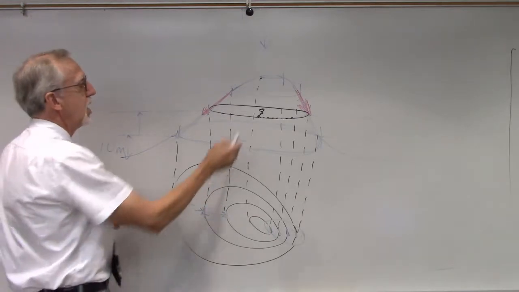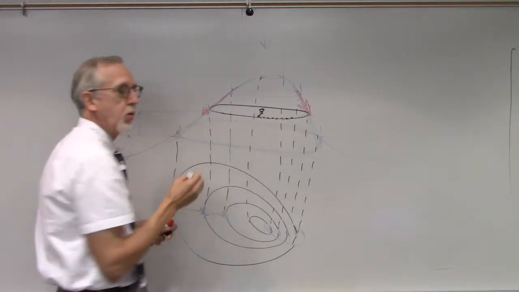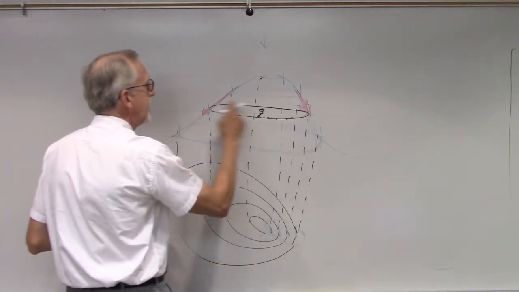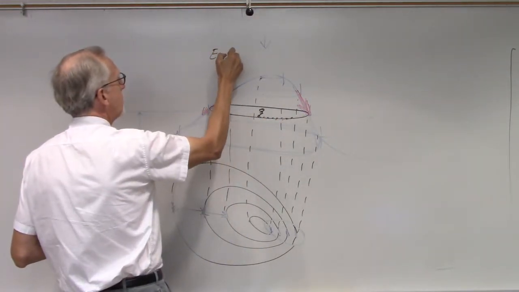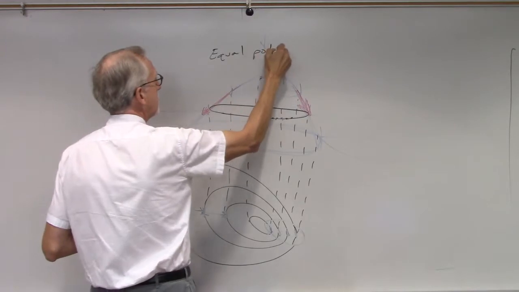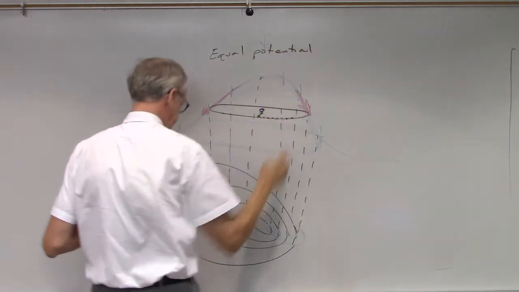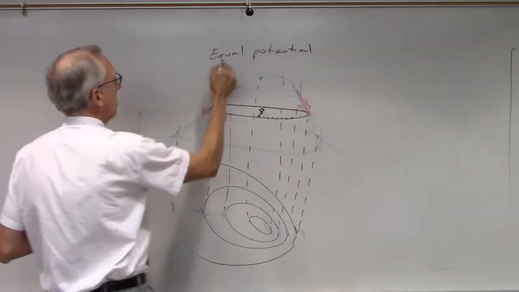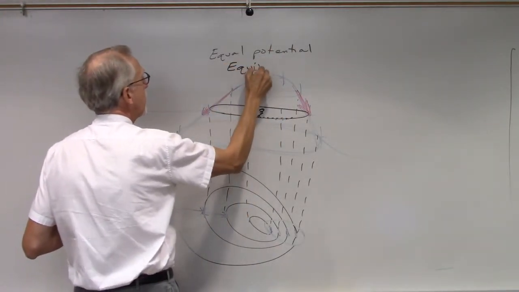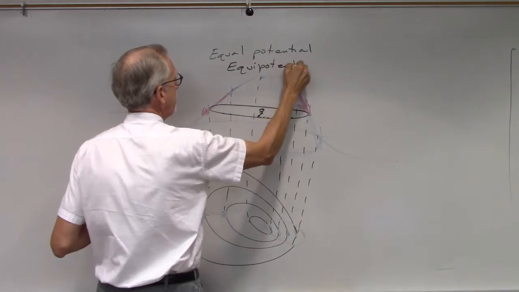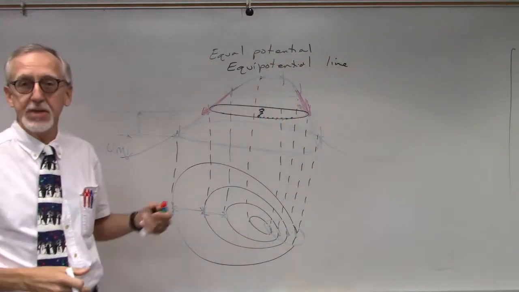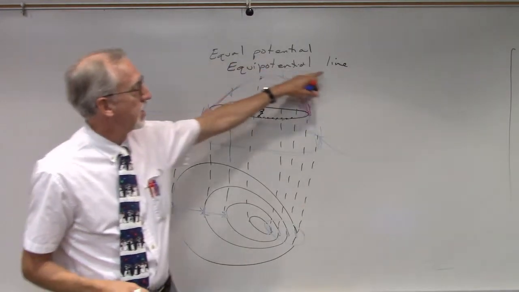In other words, we would not change our gravitational potential. So this line is a line of equal potential. In other words, it is what we call an equipotential line.